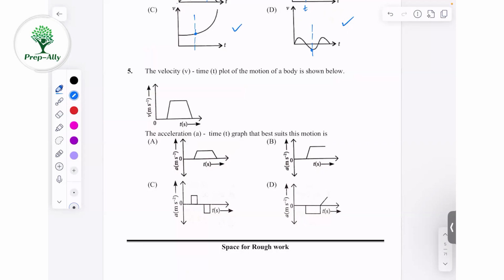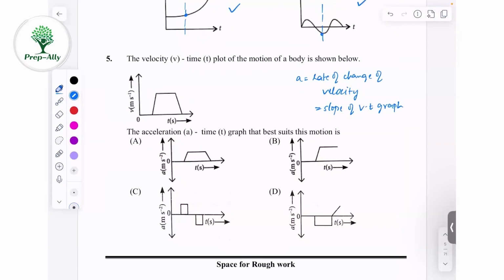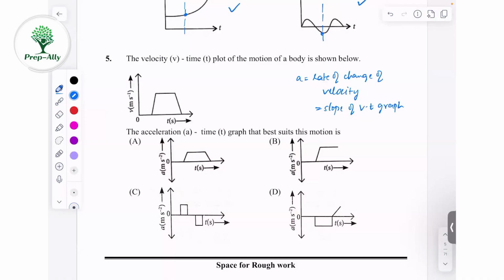Now we know that acceleration is the rate of change of velocity, and that rate of change of velocity is given by the slope of the velocity time graph. So if we look at the graph here, from this time instant to this time instant, this is a straight line.